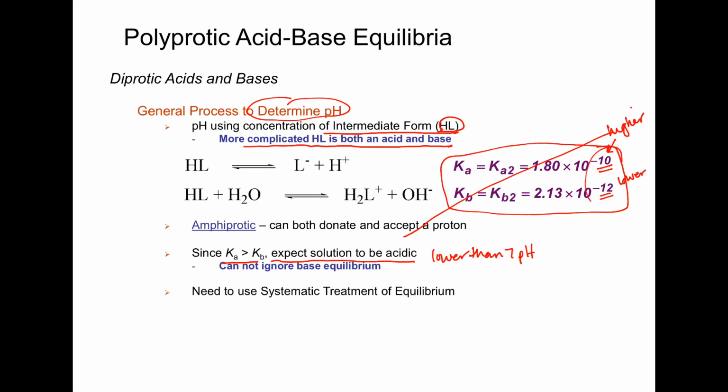But because these two numbers aren't that different from each other, they're only 100 different, we can't totally ignore that base equilibrium. What this means is that there's going to be a lot of equations. There's going to be at least 2 equilibria going on, a lot of equations, and the way that we handle lots of equations is we use the systematic treatment of equilibrium. So that's what we're going to do for this problem.